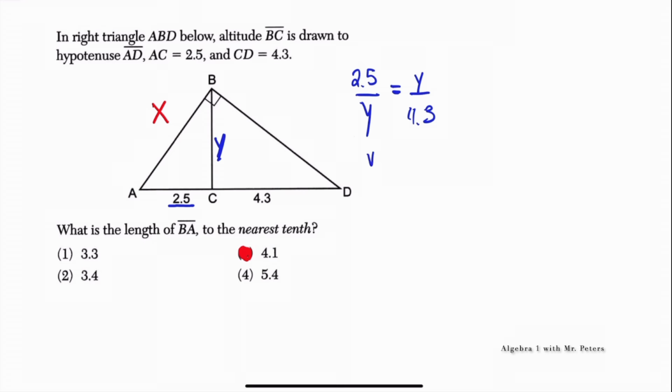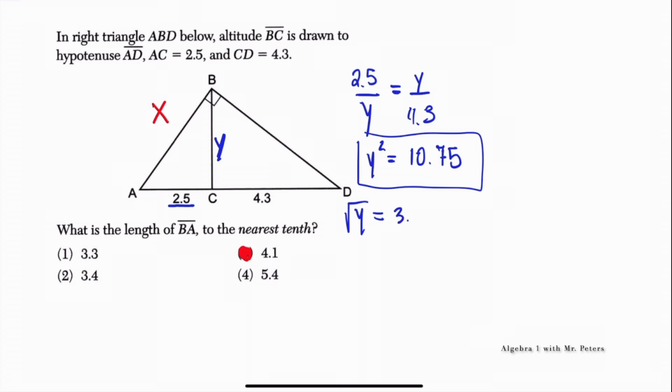Once we do this, we get y squared is equal to 10.75. Now we're going to do the same thing. The square root of 10.75 is going to be equal to 3.28. So now we understand that, family, this is 3.28.